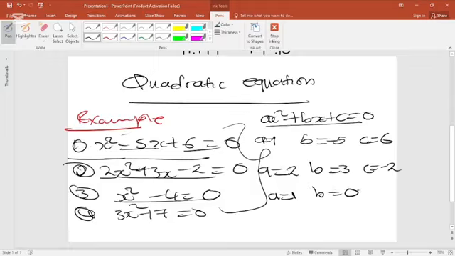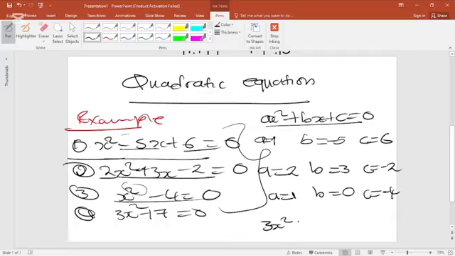But in this case, we don't have B, so we're just going to leave it as 0. This doesn't disqualify this equation from being a quadratic equation. No. It is still a quadratic equation for the fact that it has the highest power of 2, and our C is minus 4.